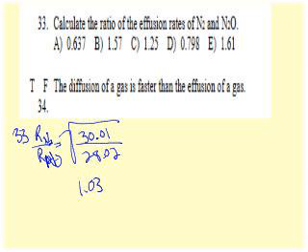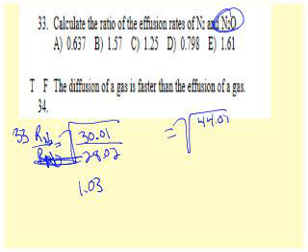Oh, what did I do wrong? The ratio of the effusion rates of N2 and N2O. Oh, N2O instead of NO. That's what I get for not being literate. So it's going to be the square root of N2O, which is 28.02 plus 16, so 44.02 over 28.02.